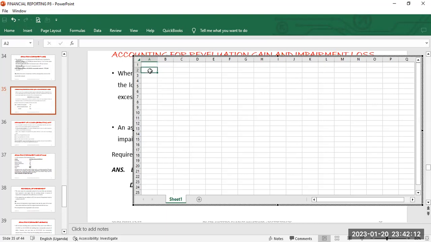So we are seeing that we have the carrying amount. Let's start with the carrying amount we have. The carrying amount is on 1st January 2020, and the value is 10 million.